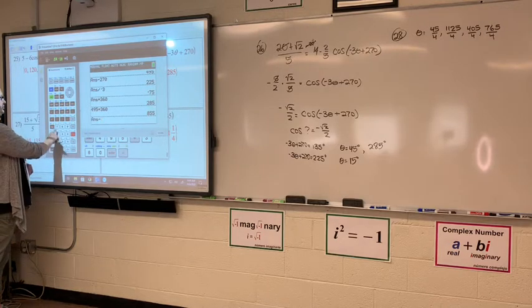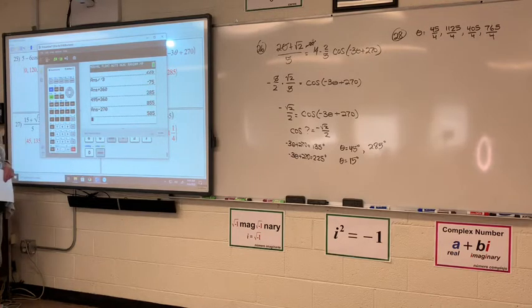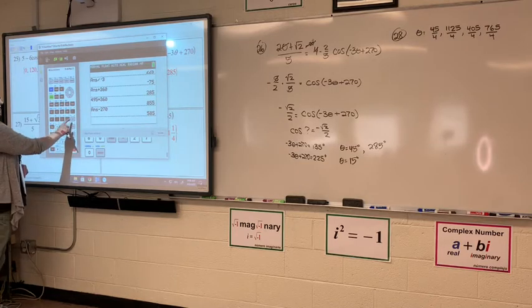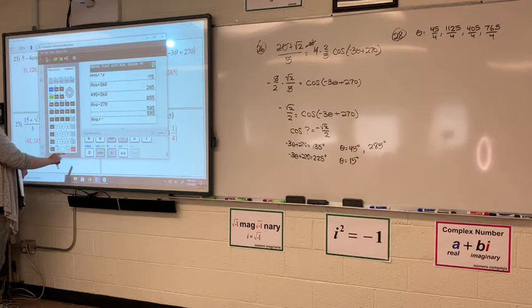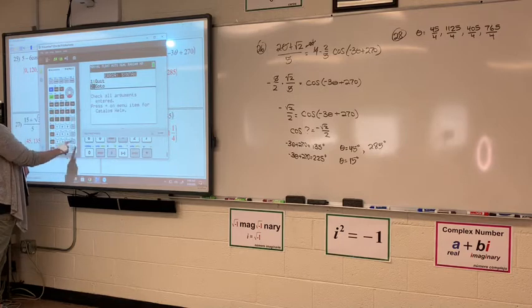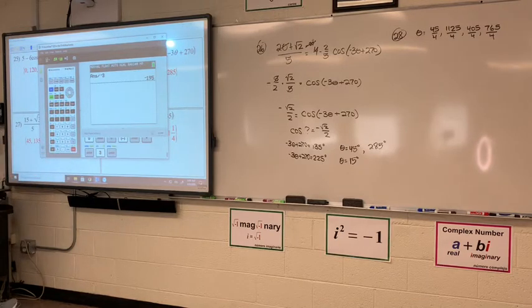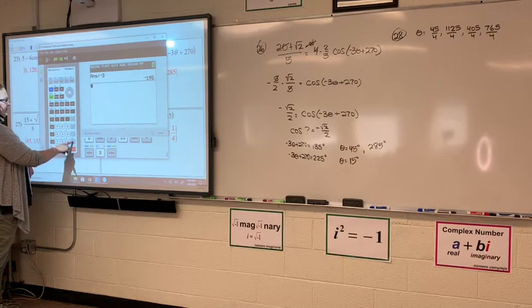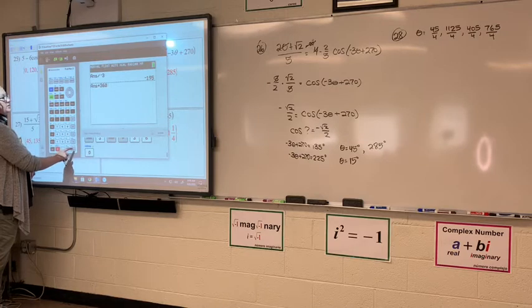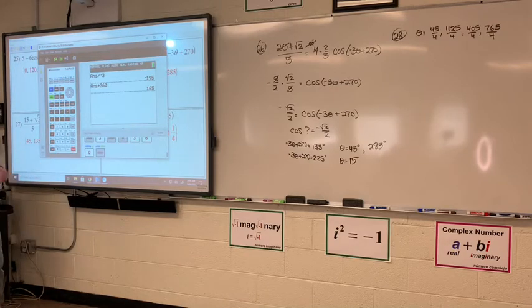So minus 270, divided by negative 3. Okay, so that's negative 195. That's okay, because I can find out what it is by adding 360. And that gives me 165.